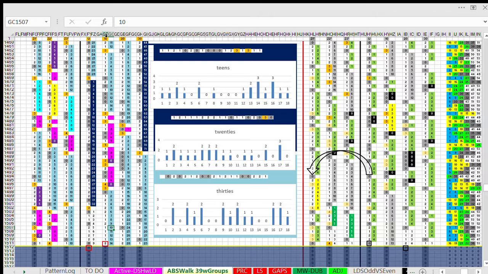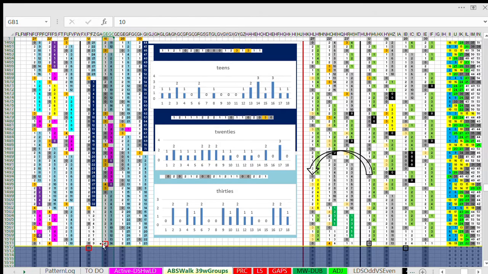But anyway, the point is here I was looking for multiple numbers in the teens, all right? And then at the same time, I was looking at no numbers coming out in the units, all right? So no multiple in the teens, and that's what this little red box indicates.